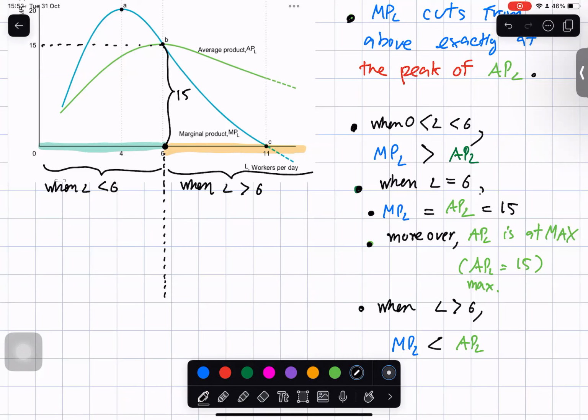Okay. That's the graphical analysis to see the two mountains, marginal and average. Try to form some relationship like this.